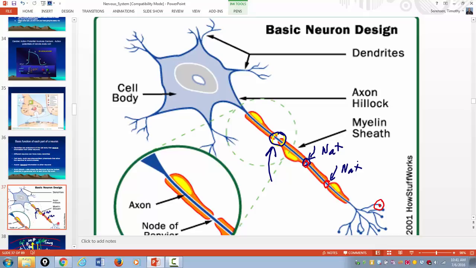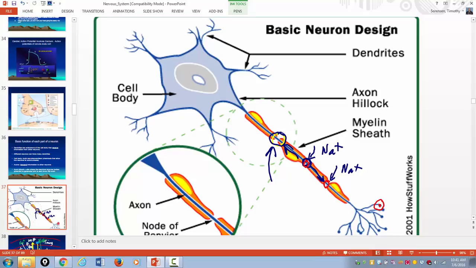Now watch. When this node fires, if this node that already fired was back to resting, it wasn't hyperpolarized, when this node fired, it would cause this node to fire and then this node to fire. So you'd have this back and forth spread of that electrical impulse.